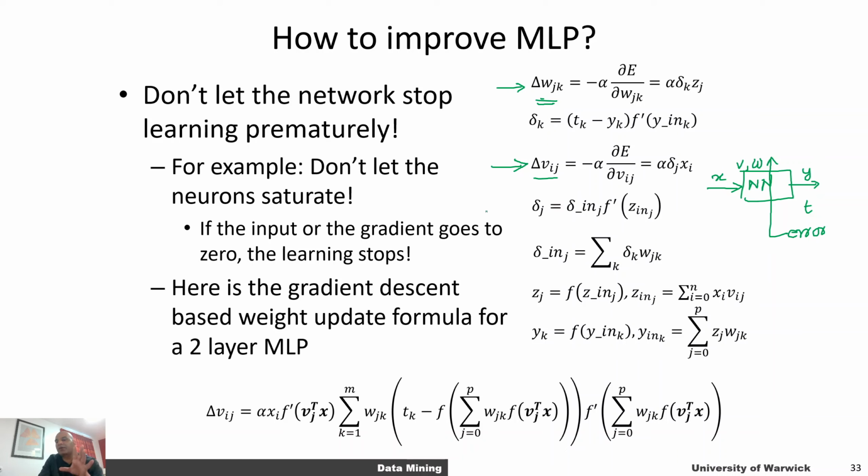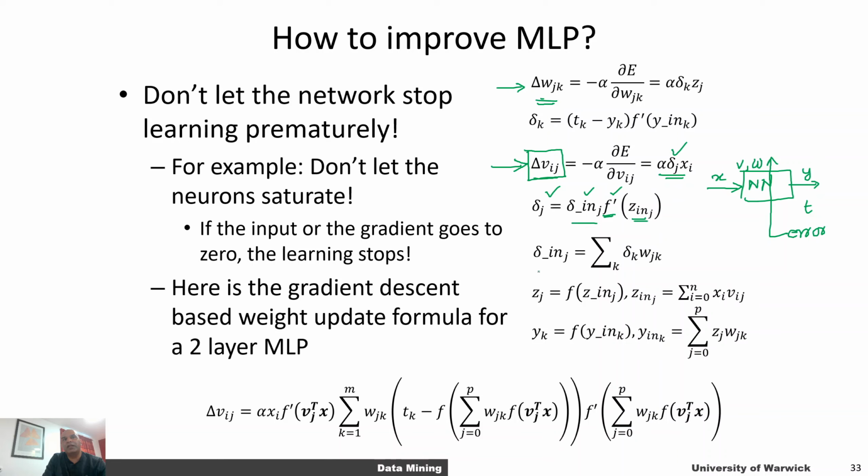If you are having trouble remembering this, I welcome you to go back and take a look at the structure of the neural network that we had been talking about. But essentially what we have over here is an expression that tells us how much a weight should change to minimize a certain error using gradient descent. And it had all of these terms, right? We had these deltas, and then we had all of this. But if we substitute a value of delta, we know that delta j is simply delta in j multiplied by f dash, which is the derivative of the activation function for the net input into the jth neuron, z in j.